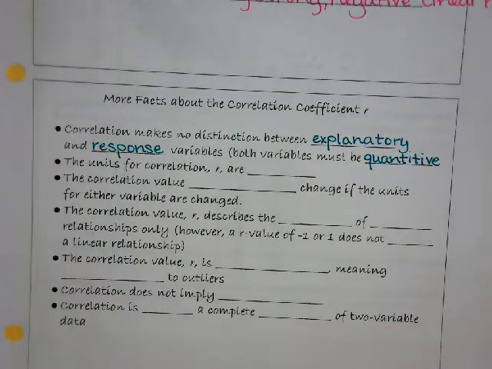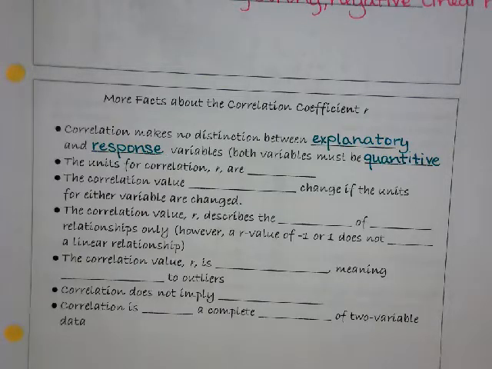Gender is not quantitative. So you can't have a correlation between the percent of teenagers and gender. You have to have two variables that are measured with numbers. So pay attention if they say, here's correlation between this and this, make sure they're both actually quantitative variables.